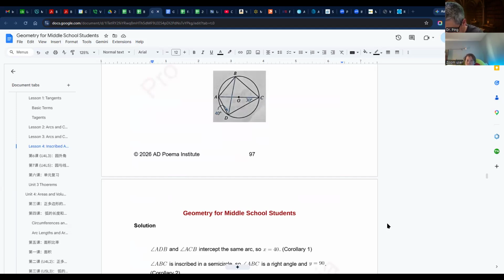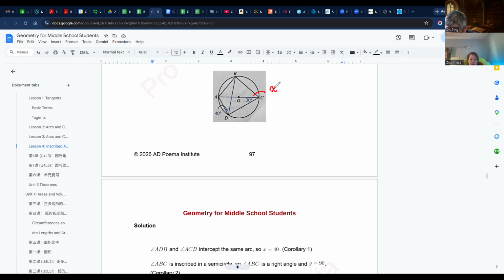Okay, inscribed angle. Oh, actually, on the graph, you don't even have that. Interesting. All right, give me one second. So based on this angle, x actually is here.